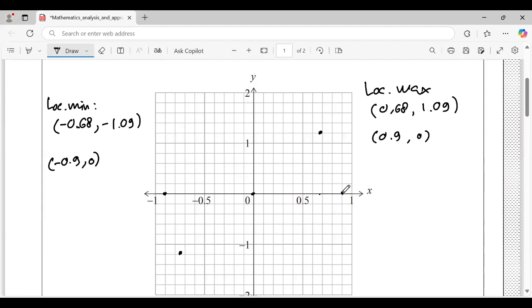This is minus 0.9, 0, and this is 0.9, 0. So we can sketch the graph like this. Sorry, it's supposed to be like this. Okay.